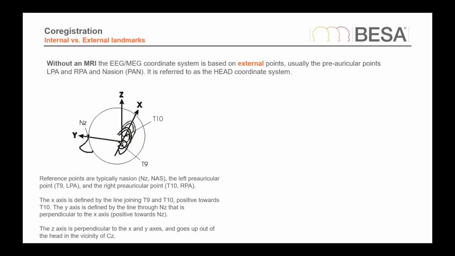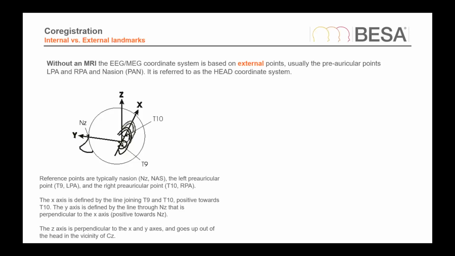And how do we get to a co-registration? Let us first spend a couple of minutes on looking at coordinate systems. So basically, this here is an example of a head where we are looking at external points only. So we don't have any knowledge of the interior anatomy of the brain.